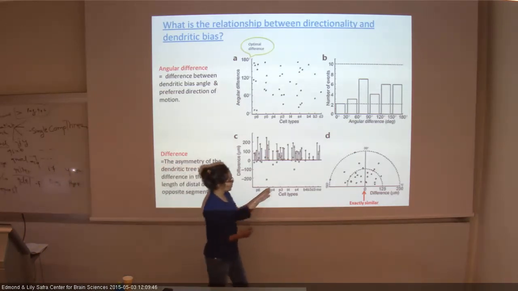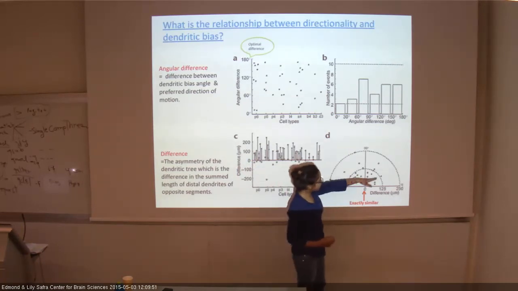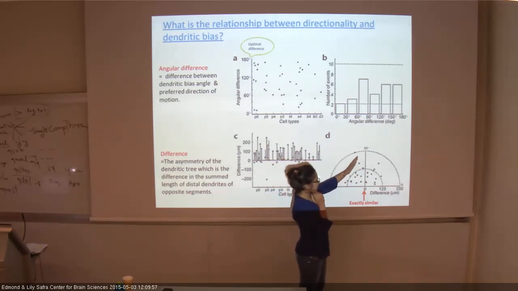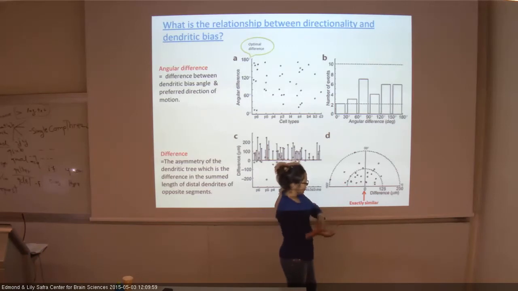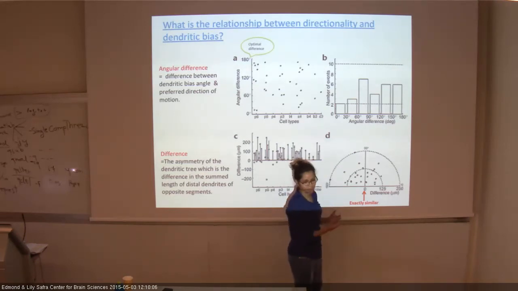And this is the polar plot from this figure, and the radius shows the degree of asymmetry, and the angle is the difference between phi and the preferred direction. And most of the neurons are not showing the asymmetry.